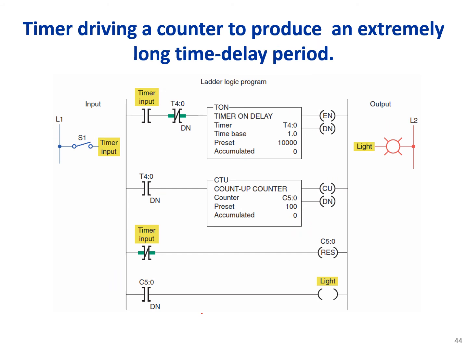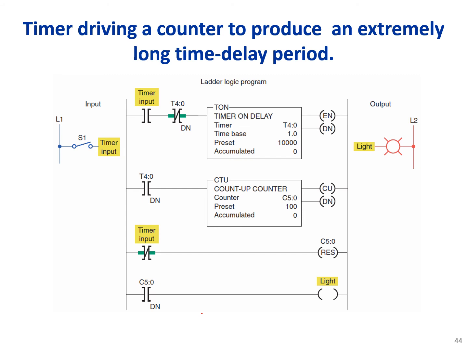Timer driving a counter to produce an extremely long time delay period. We have a timer and a counter, and the preset time value of the timer is already high but not enough to satisfy your needs, it is 10,000. Once the accumulated value of the timer reaches the preset value of 10,000, then the done bit of the timer becomes true and the counter will count up. Then here we have the negated done bit of the timer as an input.